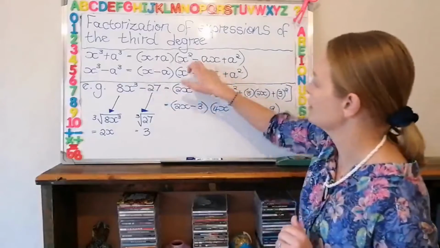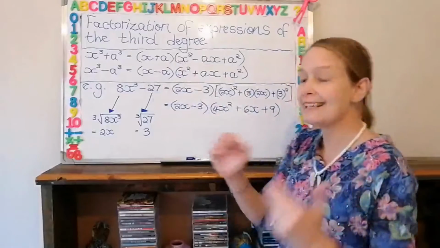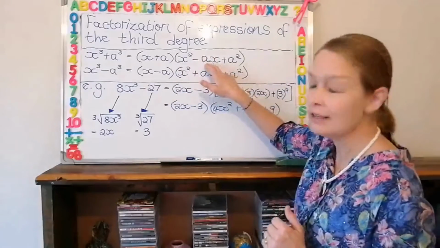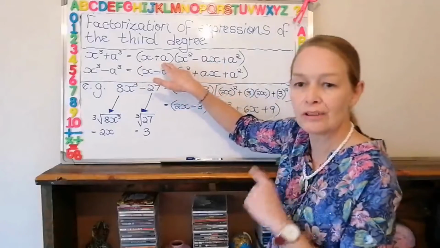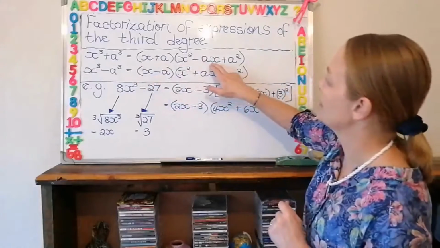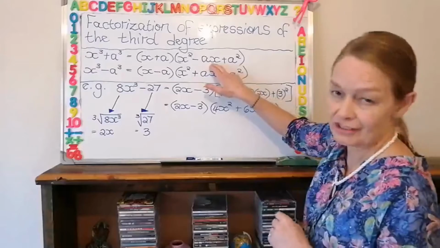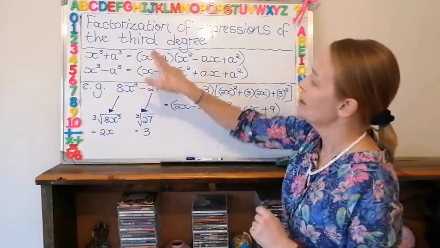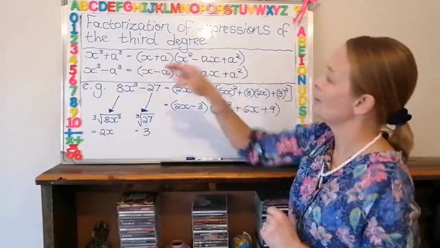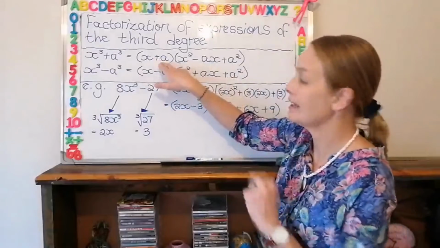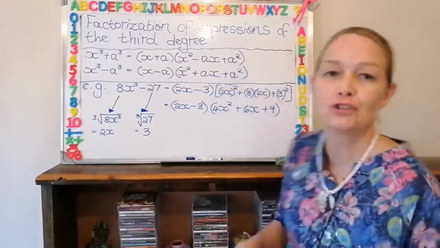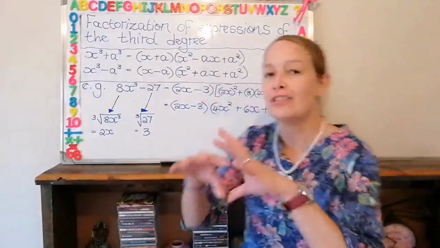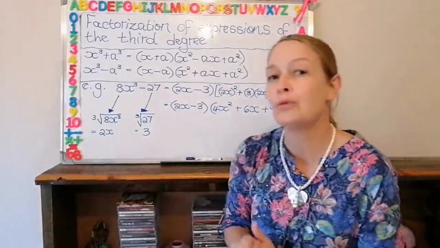Then to get to the middle term here, we take this term and multiply it with this term, and this will give us ax. Then to get the final term, we take this second term, square it, and we will end up with a to the power 2. So that is in general how we would do it.